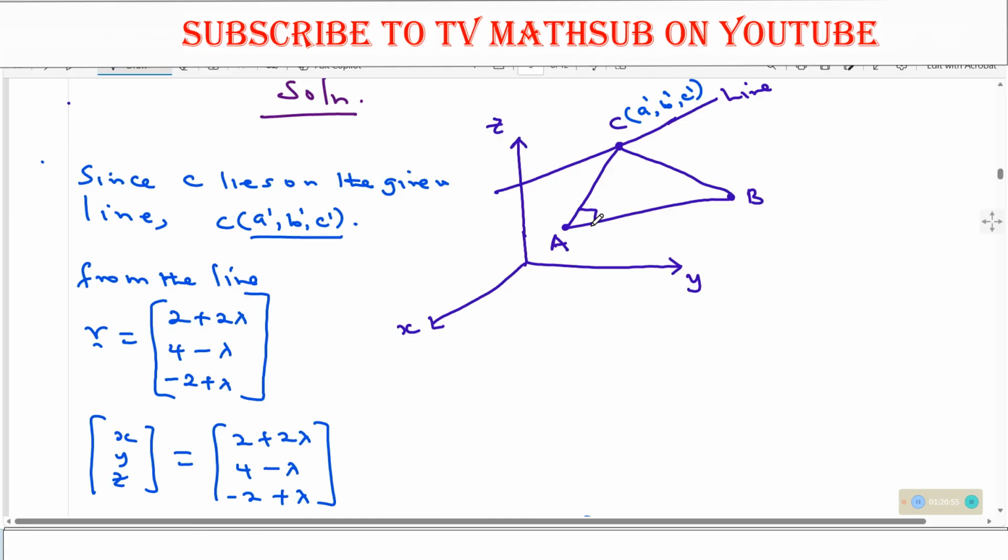Dot product of AB and AC. AB and AC. Because the 90 is at the A. So the 90 is at the A, it means when you get AC, you dot it with AB, you get a what? 0. You get a 0.